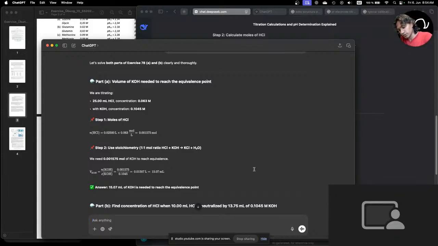At equivalence point, the number of moles of HCl equals the number of moles of KOH.